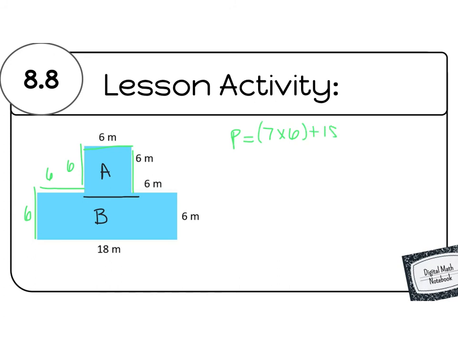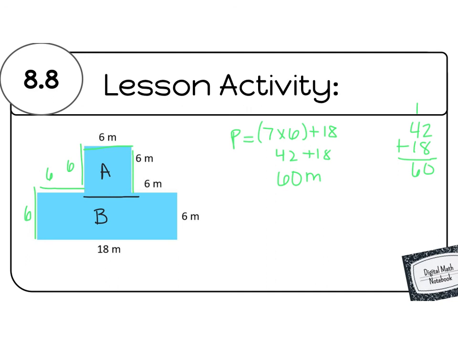So we have perimeter equals 7 times 6 plus that 18 that's on the bottom. So 7 times 6 is 42 plus 18. And 42 plus 18 equals... 8 plus 2 is 10, and 4 plus 2 is 6. So that equals 60 meters. Now let's find the area.